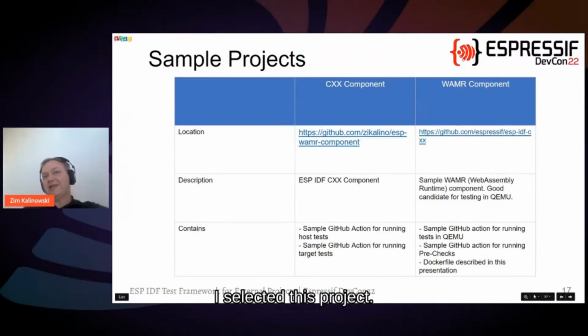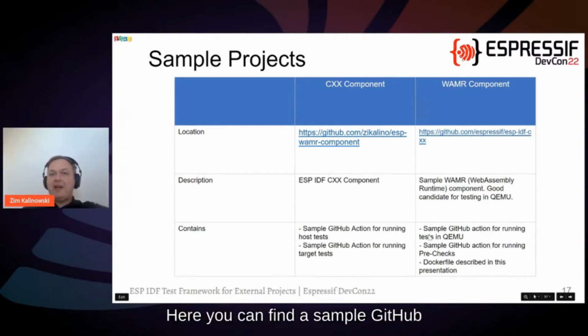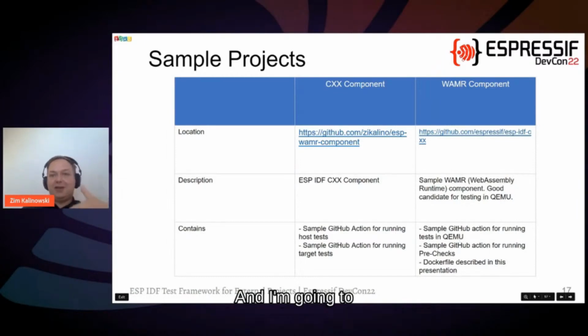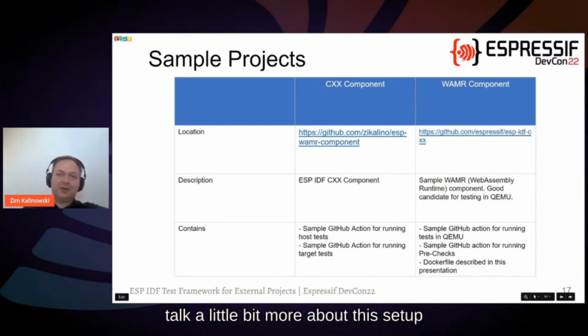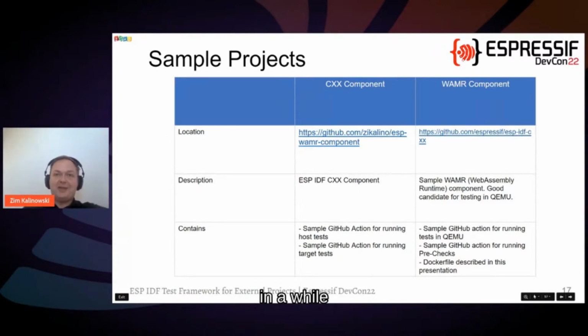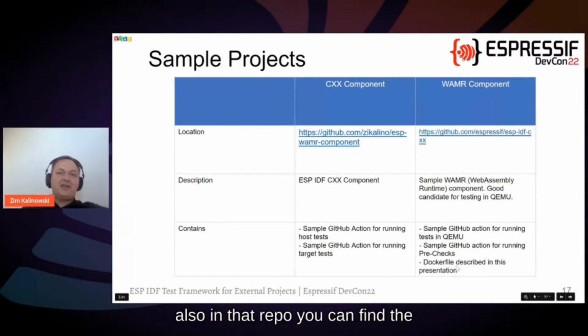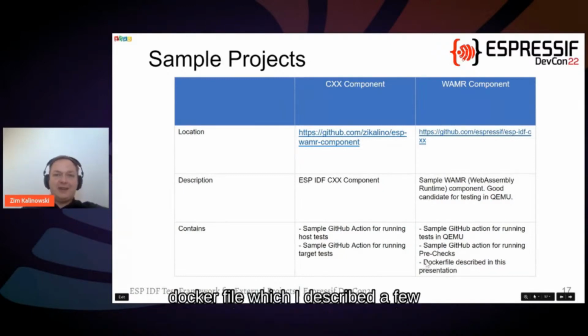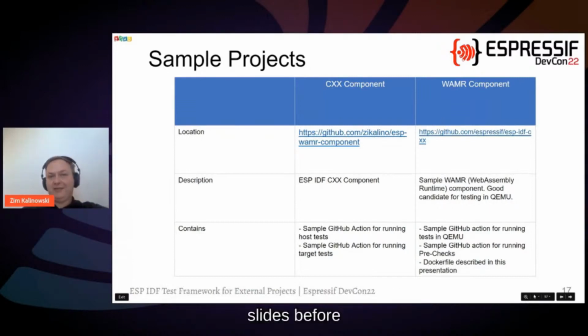That's why I've selected this project. Here you can find a sample GitHub action for running tests in QEMU, and I'm going to talk a little bit more about this setup in a while. Also, in that repo, you can find the Dockerfile, which I described a few slides before.